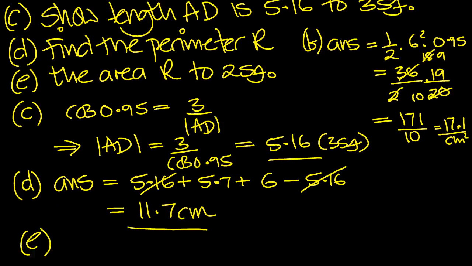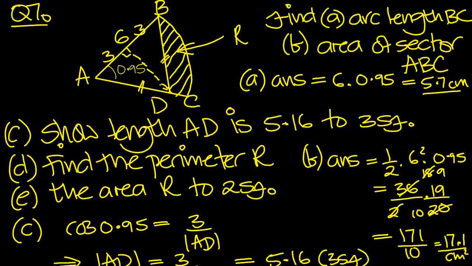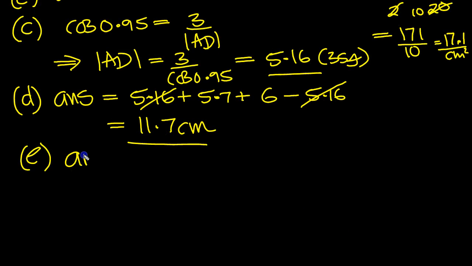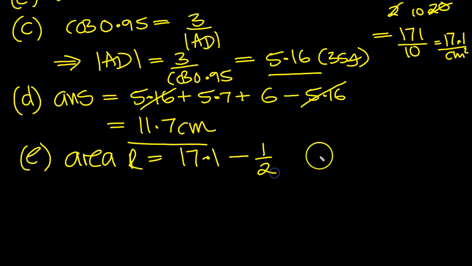Now for E, we need the total area, which is 17.1. Area R is equal to 17.1 take away the area of the triangle, which is a half BC sine A, half BC sine of the included angle.